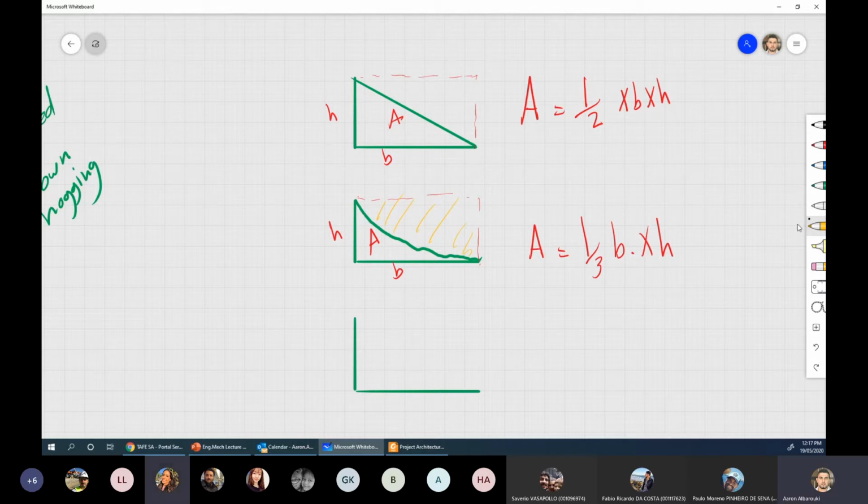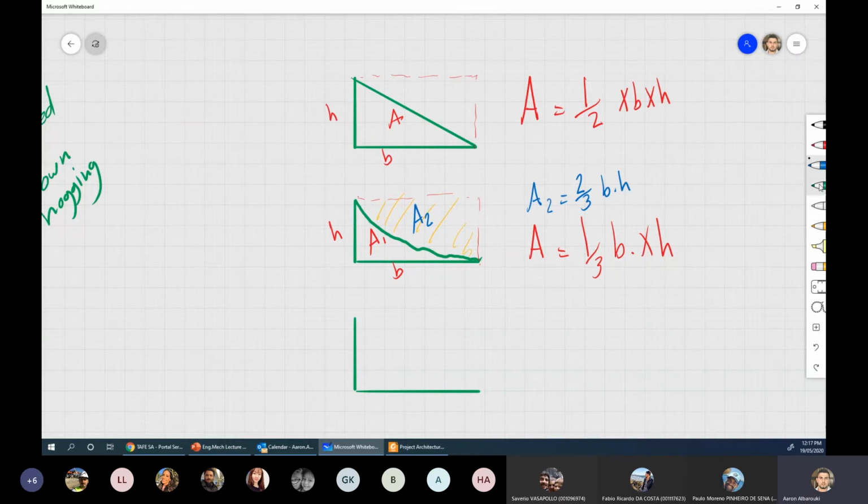Let's call this one A2, if you would like. This is A1. A2 equals 2/3 of B by H. All right? They both make the same triangle, rectangle.